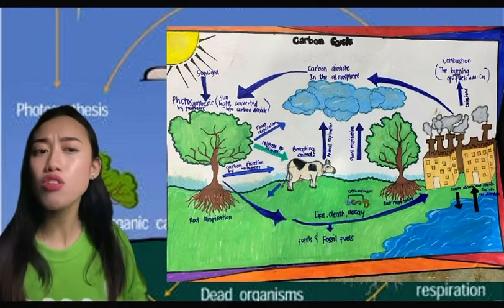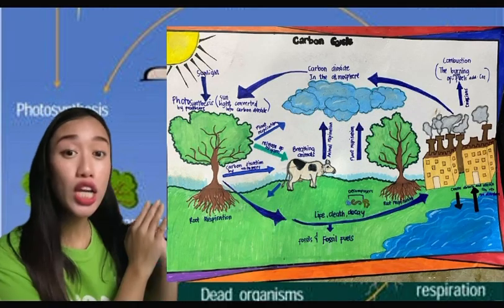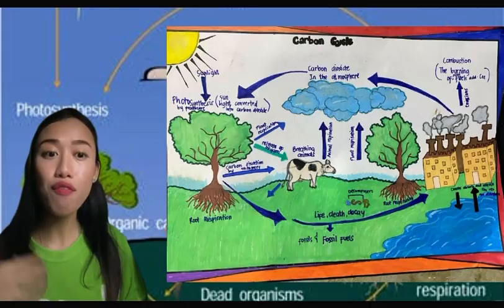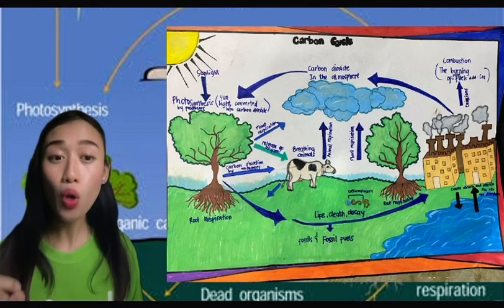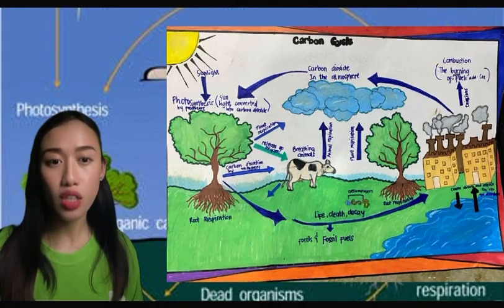Over millions of years, some of this organic matter will be converted into fossil fuels like coal, oil, and natural gas.